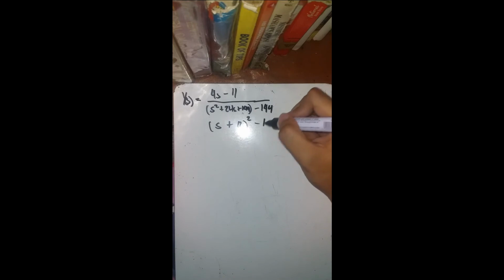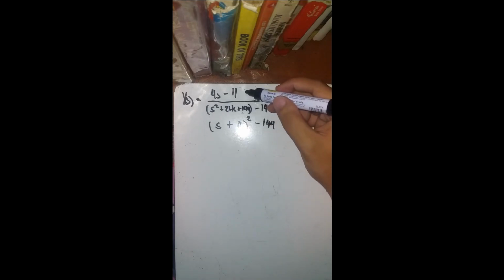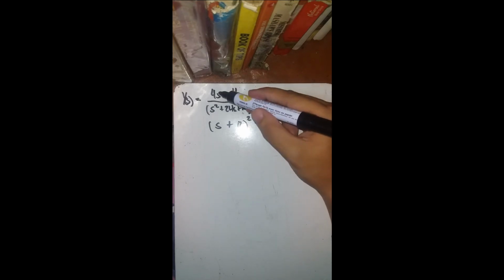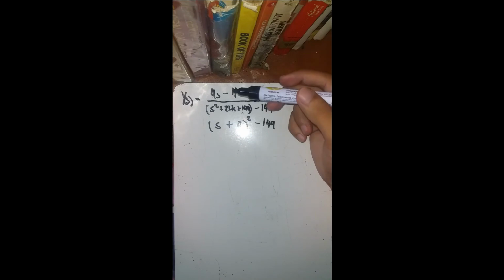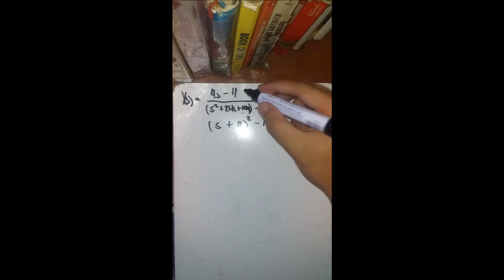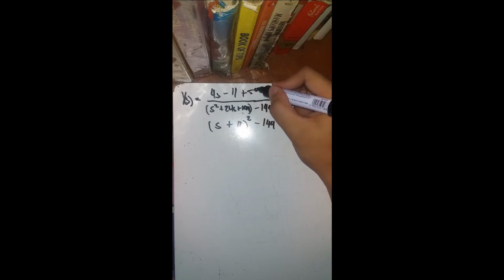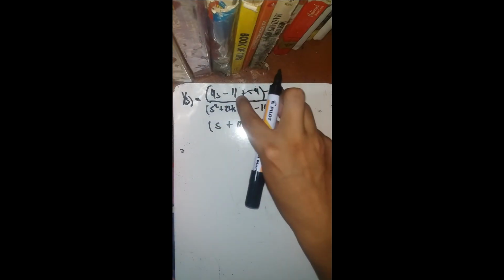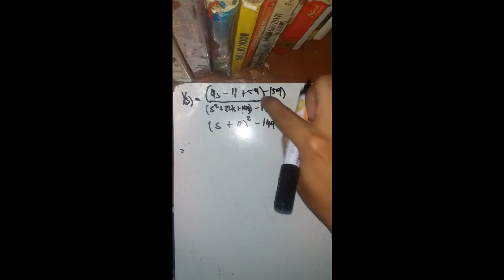So what number can we add at the top? It will be the same at the bottom. Notice we have 4, so 12 times 4, the answer is 48. So here we can just have plus 59 minus 59. Now we group this, and what's left here is 4s plus 44.